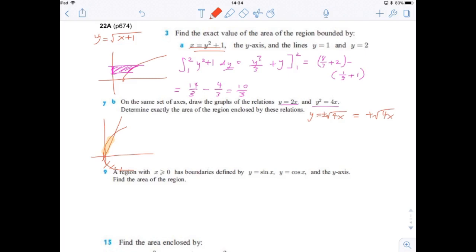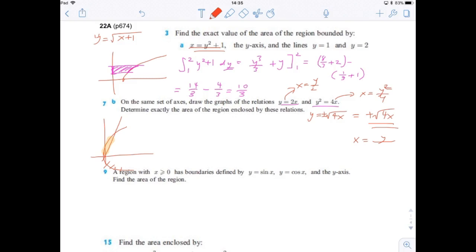integral, we are not going to write it like this because actually what we want to have is an x value in terms of y, okay? And so in that case, this function here is going to be x equals y divided by 2. We want x on the left by itself. And this function here is going to be x equals y squared divided by 4.